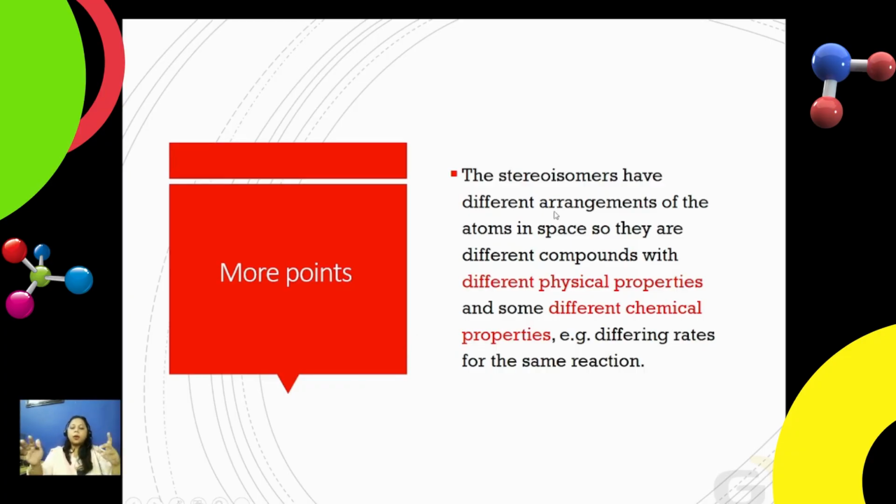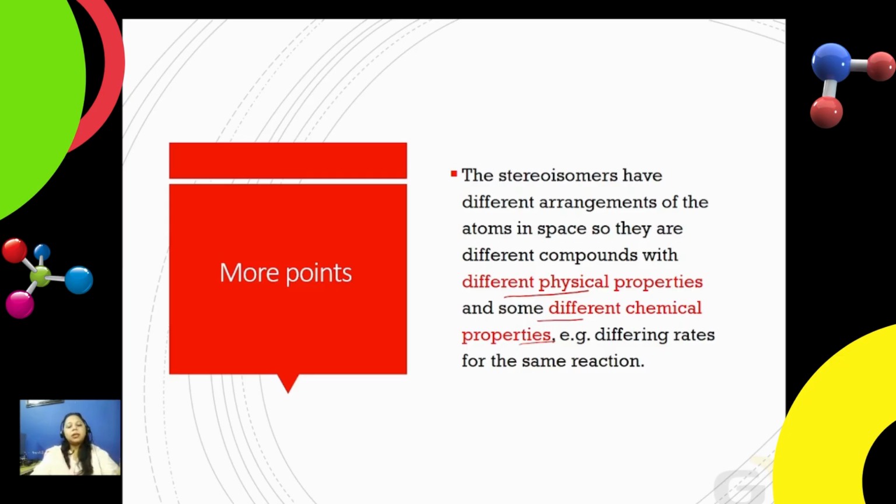Let's learn about its more properties. They actually have different physical properties and some different chemical properties, because there are two different spaces now, they are present in different axes. So maybe when a reagent is present, the reaction might not occur because the atom that it is going to react with may be present in another plane where there is no access.